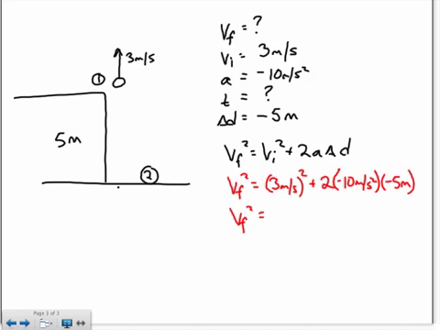Three squared, 9. 5 times 10, 50, times 2, 100, and 9 plus 100 is 109. And the square root of 109 is 10.4 meters per second. Good?